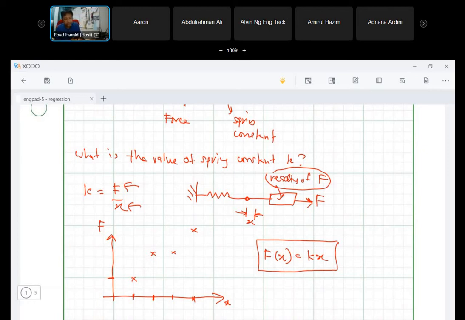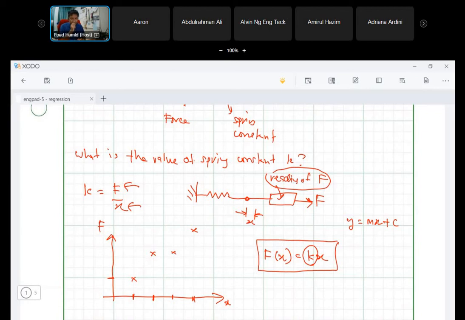And of course, if you remember your line equation, this is just y equals mx plus c. And our c is 0 because there's no force when there is no displacement, right? So in this case, c is 0. And we know that our k is just the slope of our straight line.